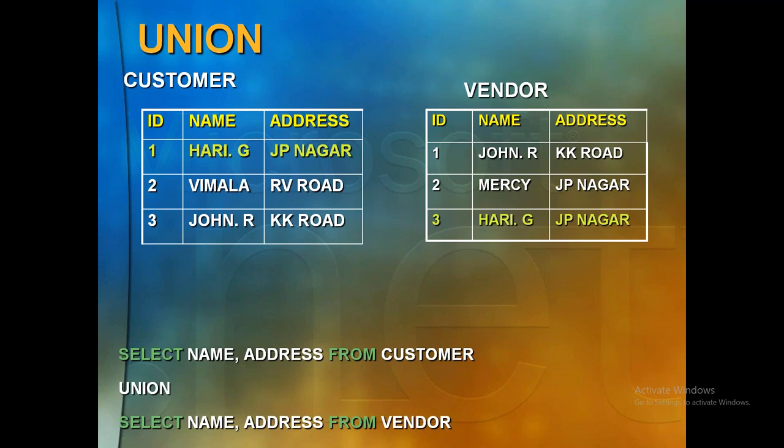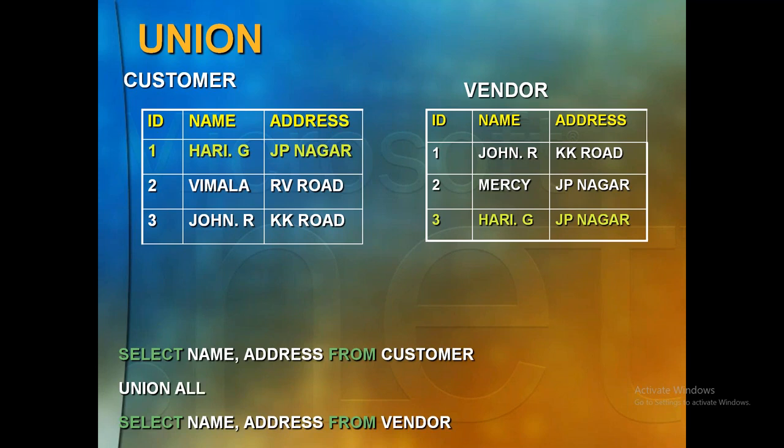So if you wanted to keep duplicates, we can go in for union all. Clear? So union is going to be sorting the data as well. Union all is not going to sort the data, and is not going to remove any duplicates. So that is the difference between union and the union all transformation.